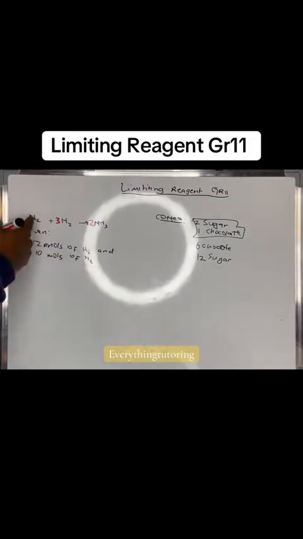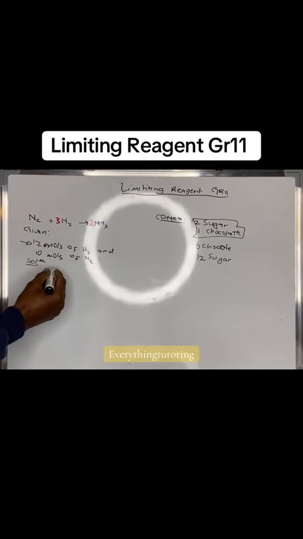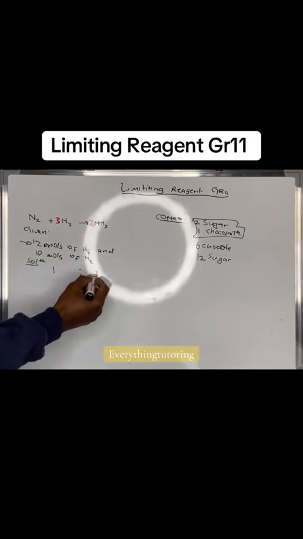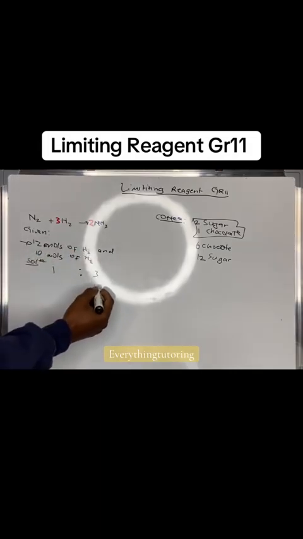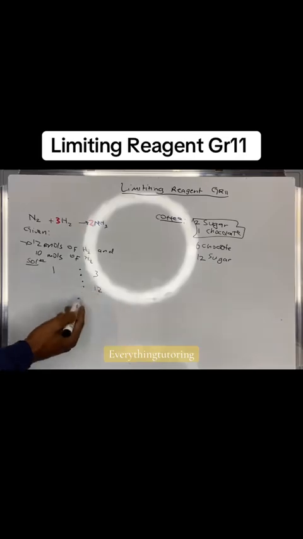The first thing you do, guys, for the solution, is to first write the ratio. Your ratio says for every 1 nitrogen you need 3 hydrogens. Here we are given 12 moles of hydrogen. How many nitrogen do I need if I have 12 moles?